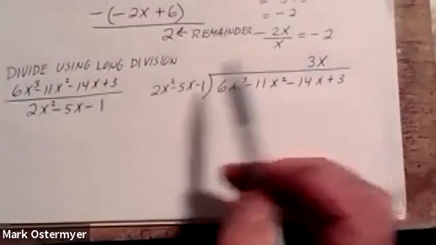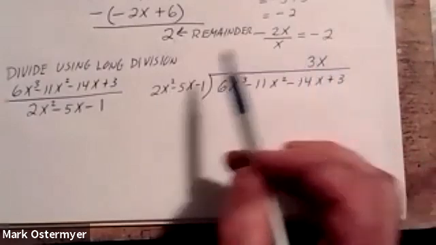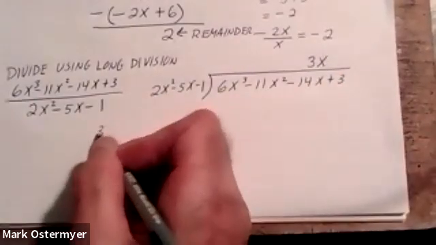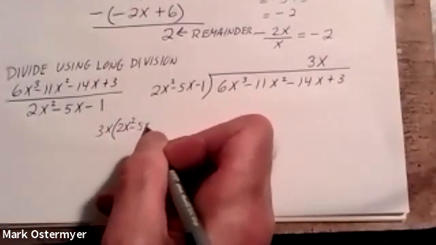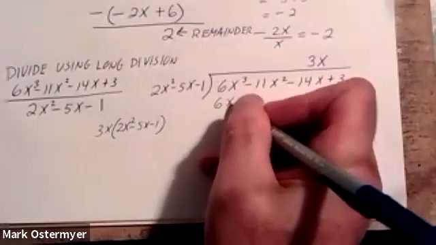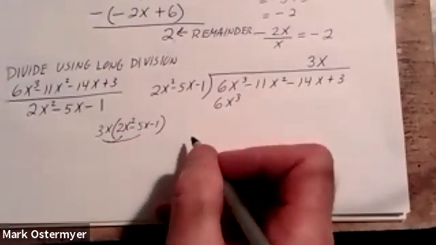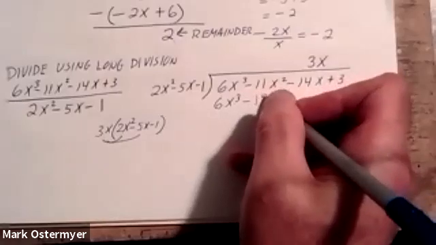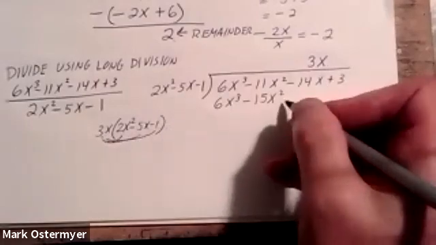We take the 3x and multiply by our divisor. What's 3x multiplied by 2x squared? 6x cubed. 3x multiplied by negative 5x is negative 15x squared. 3x multiplied by negative 1 is minus 3x.